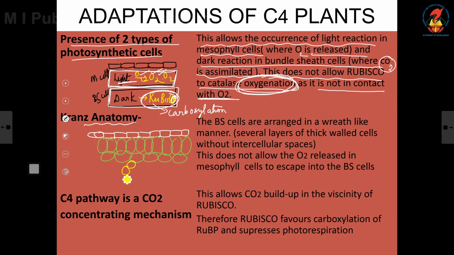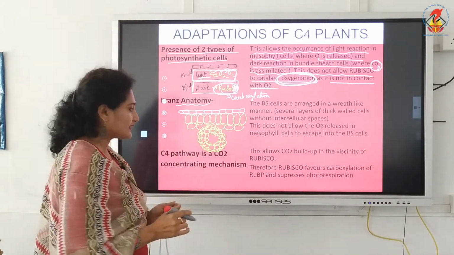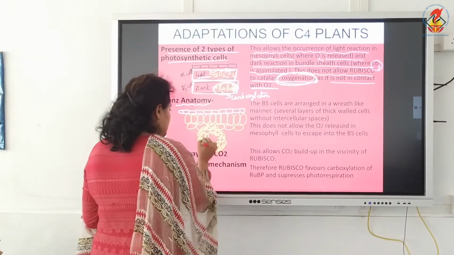Look at the bundle sheath. I drew one circle, then a second circle, then a third circle and a fourth circle. Now, look at the bundle sheath. From this you can infer that many layers of cells form the bundle sheath. Not only that, each cell is thick walled.